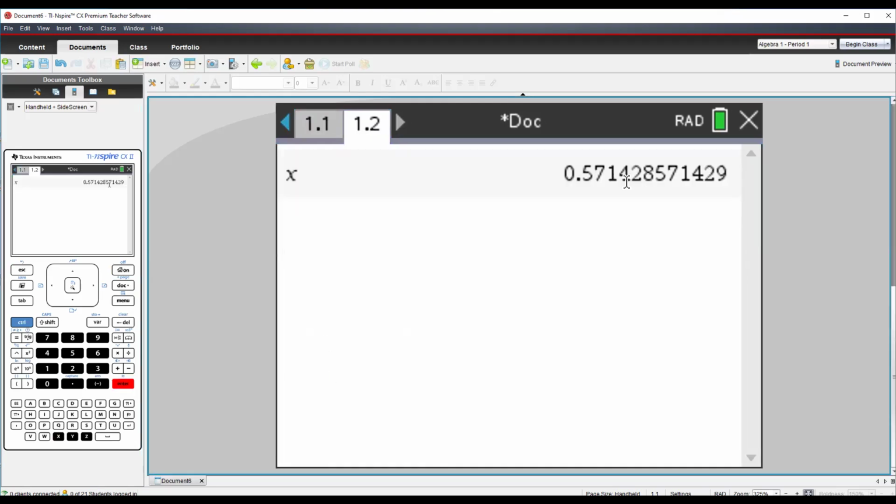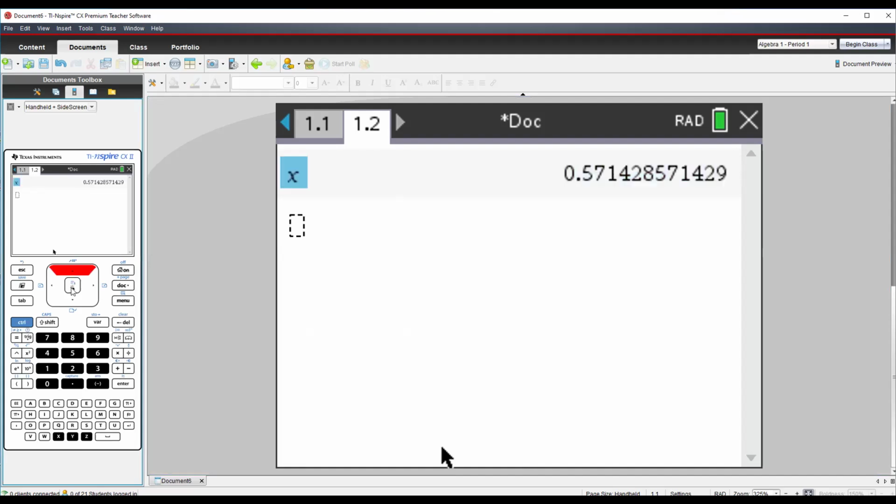So here are all the decimals. You can see that it's a repeating decimal, and you can see it goes 571428, and then 571428, and then 57. So let me copy this and press enter.